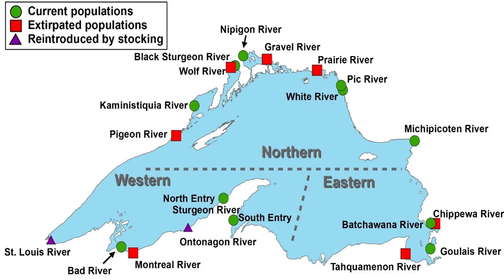Those are the red squares. And then on the U.S. side, on western waters there, you can see these 2 purple triangles. Those are 2 populations which have been reintroduced by stocking, and I'll be focusing on one of those quite significantly during the talk, the St. Louis River estuary. So that's kind of what the framework is for what I'll be talking about today.